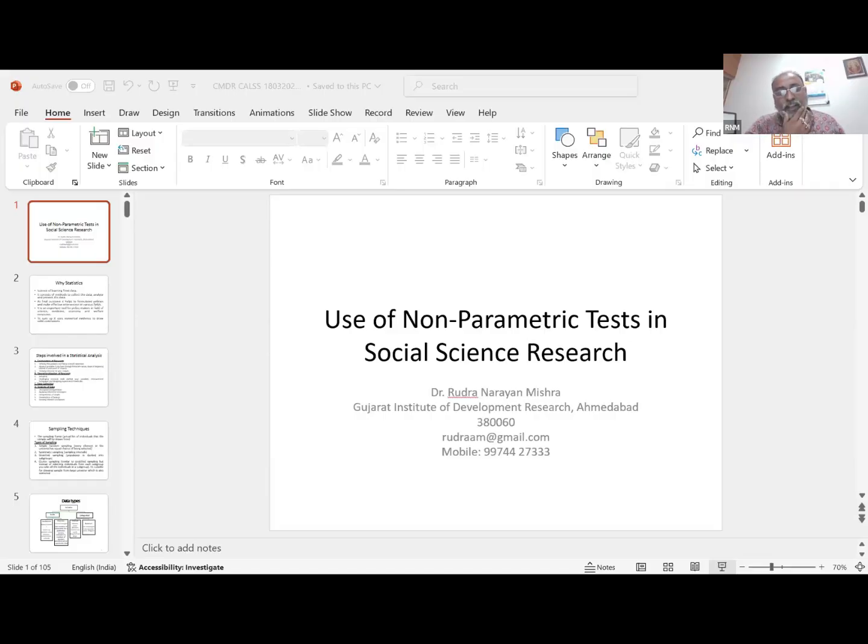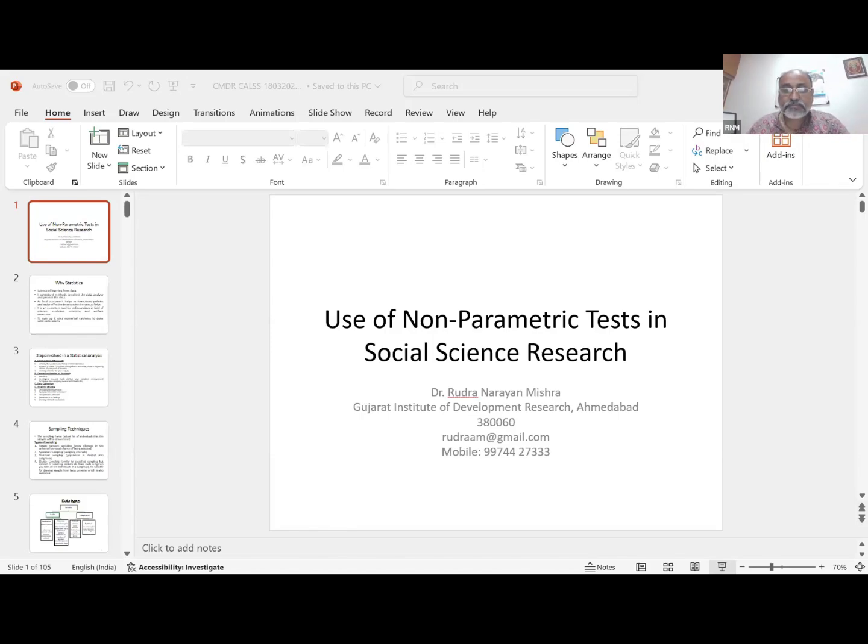I'll show you. Another thing is that if the data is collected through some kind of snowball sampling, where you do not know the population universe, you find one elderly, then in the community you find out where the second elderly is available. Many people use non-parametric tests to give validity to inferences drawn from those kinds of data.